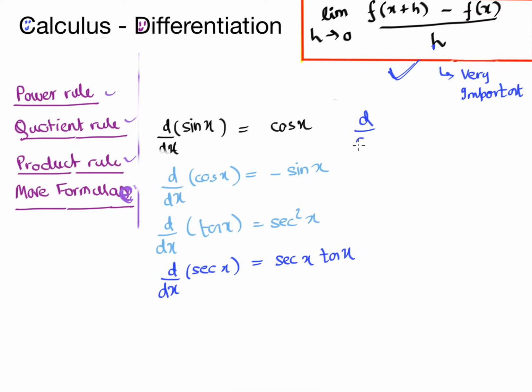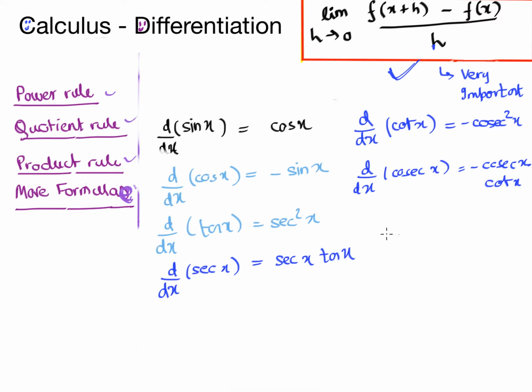When we have d by dx of cot x, we get minus cosec square x. And when we have d by dx of cosec x, we get minus cosec x cot x. And similarly, there are many more functions. I guess we have covered all the trigonometric ones.